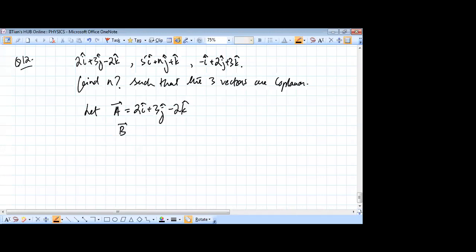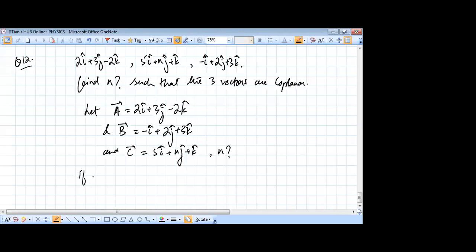So B becomes minus i plus 2j plus 3k, and C becomes this vector, 5i cap plus nj cap plus k cap, where n is the unknown quantity.